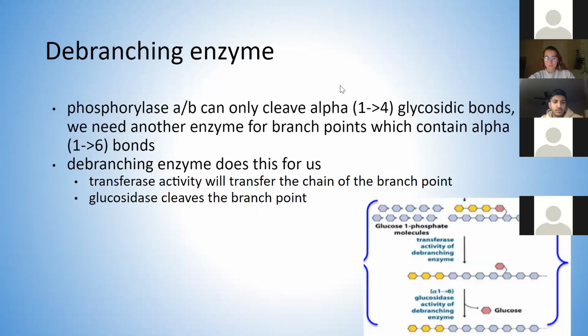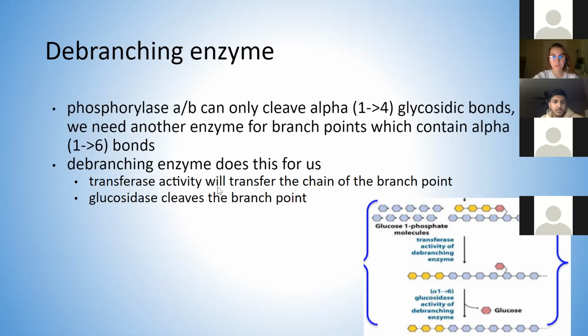All right. A little bit more about debranching enzyme, which is another enzyme used in glycogen breakdown. The enzyme that I just talked about, phosphorylase A/B, can only cleave alpha-1,4 glycosidic bonds. So we're going to need a different enzyme to break those branch points, which contain alpha-1,6 glycosidic bonds. The enzyme that does this in our cells is the debranching enzyme. It has two activities on that same enzyme.